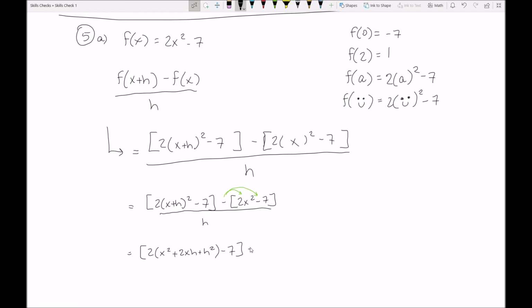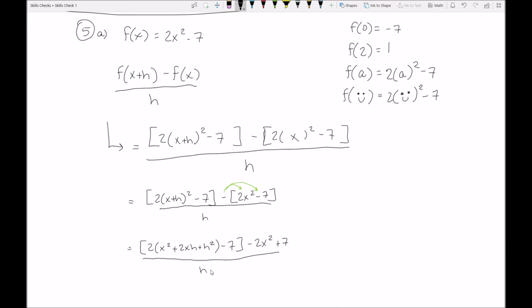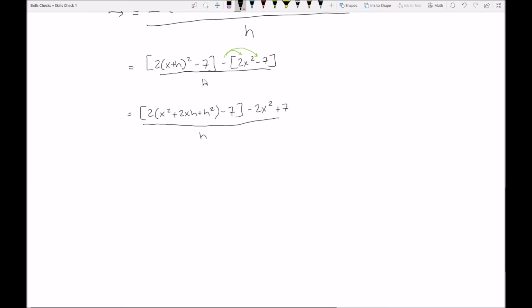Now over here, I'm going to get a minus 2x squared and then plus 7. Again, all of this ends up over the value of h. Okay, so let's just keep going. Notice here now, I have a 2 to ultimately distribute in here to all of these different terms.